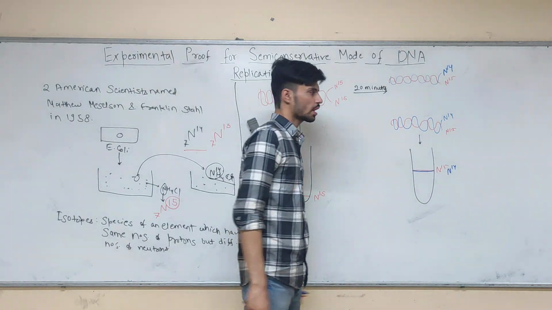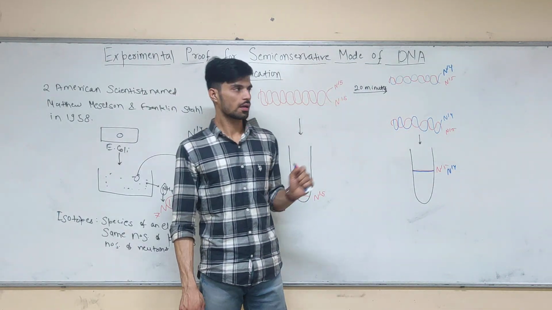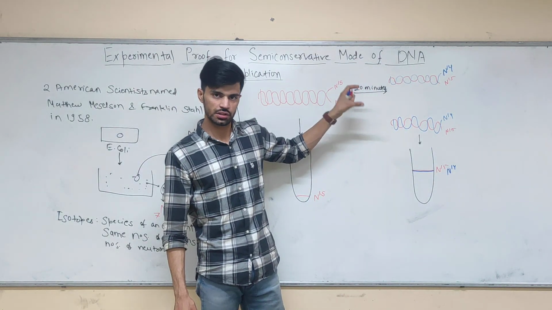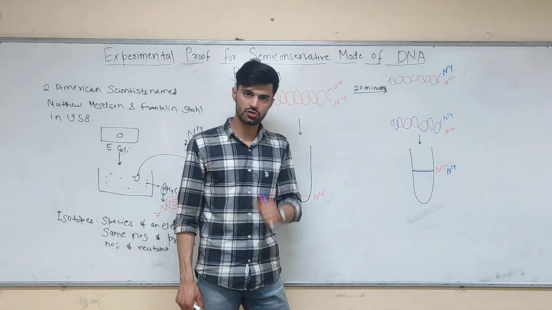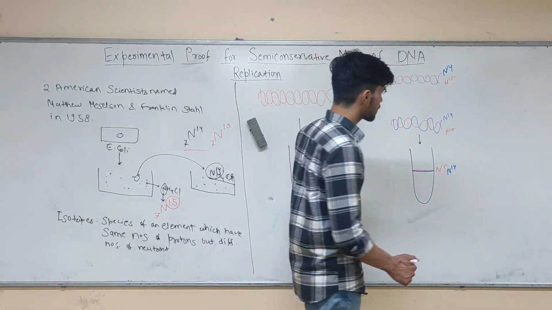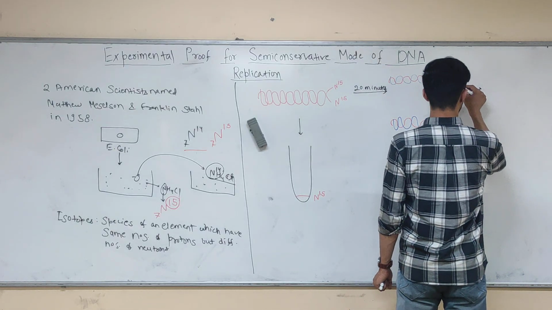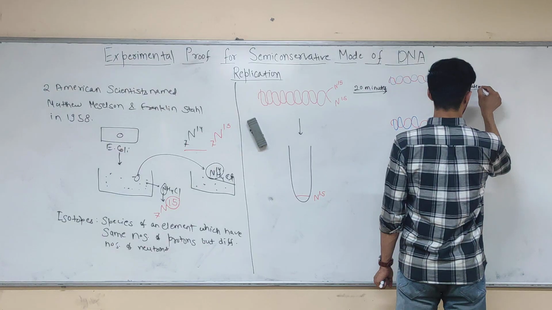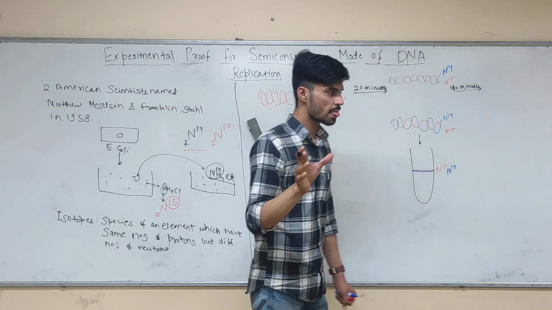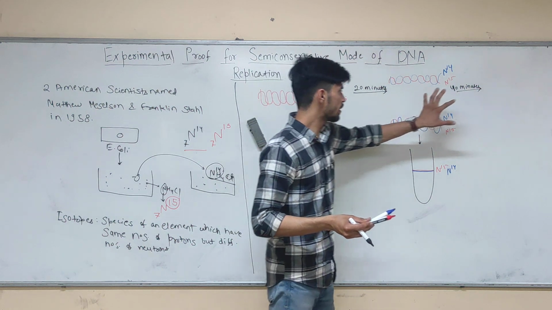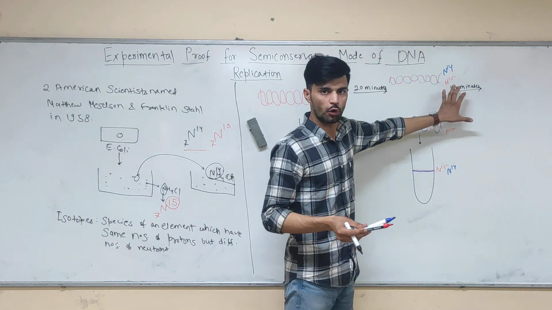Then they continue to grow these bacteria in the same medium which contains N14 kind of nitrogen isotope. Then after again 40 minutes, why 40 minutes? Because here 20 minutes and 20 minutes, if you add these, it will become 40 minutes.